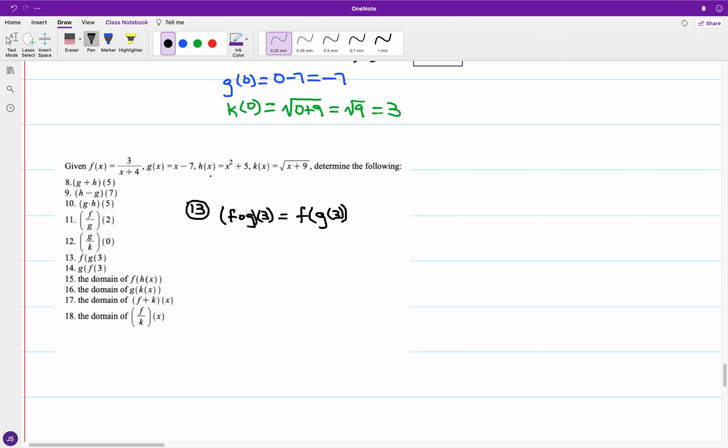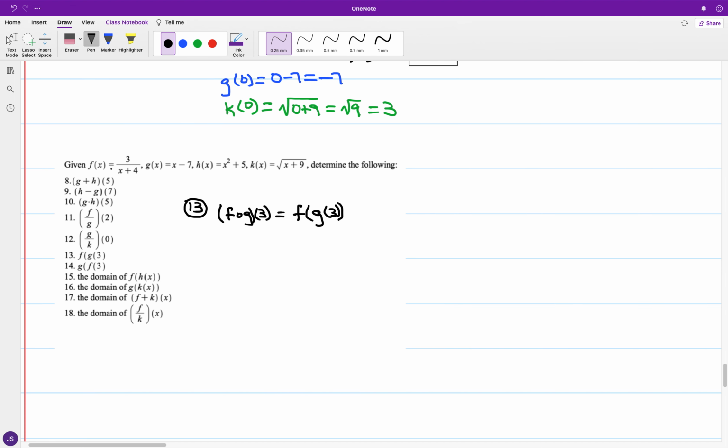Okay, now we're going to operate in line with f of x is equal to 3 over the input plus 4. Now with input at g of 3, you have 3 all over g of 3 plus 4.